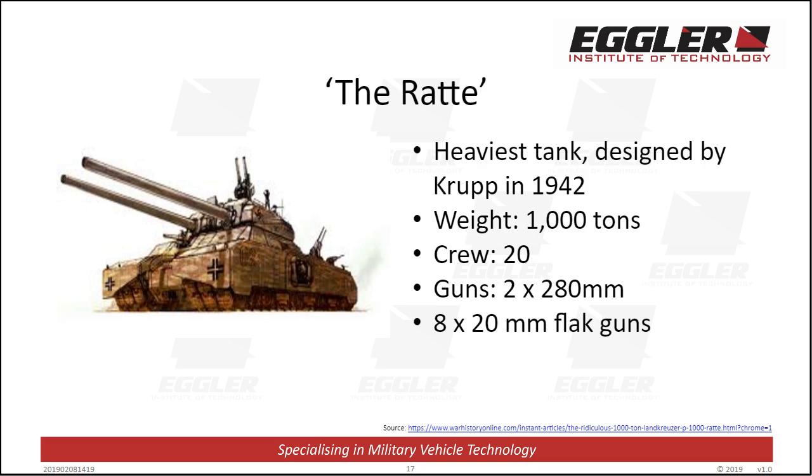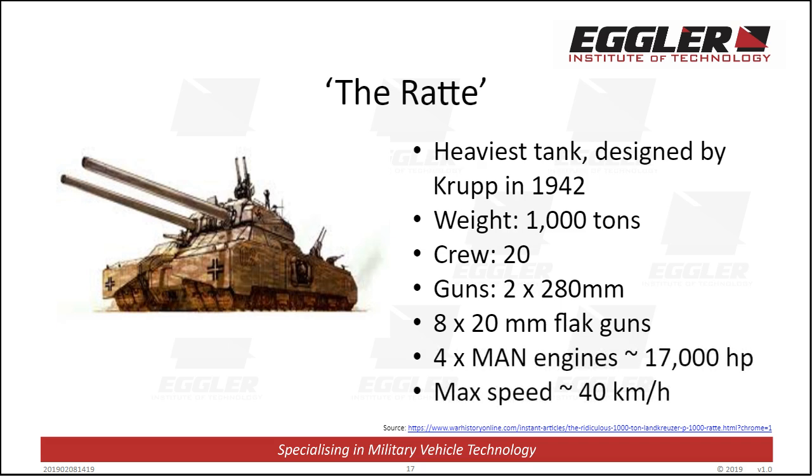If this vehicle was ever built, it would truly have been massive. To power the vehicle, it used 4 large MAN engines, with an installed horsepower of 17,000. At an all-up weight of 1,000 tons, you wonder what roads or bridges it would ever have been able to travel. Certainly, a creative design but totally impractical for modern warfare.